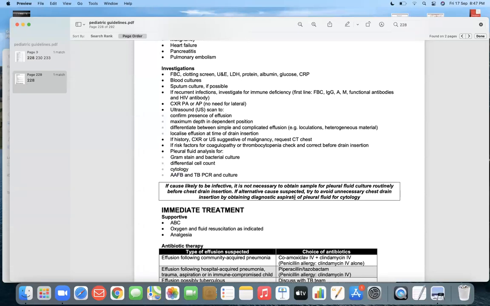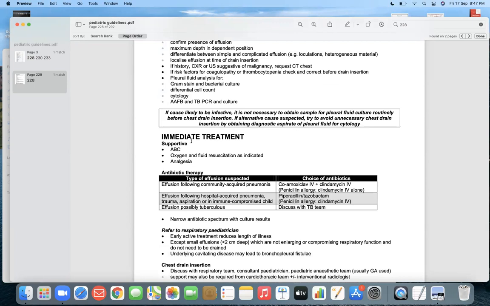If an alternative cause is suspected, try to avoid unnecessary chest drain insertion by obtaining a diagnostic aspirate of pleural fluid for cytology. So if the cause is infective, you don't need a separate sample before the chest drain; when you do the drain, you collect the sample at the same time. If another cause is suspected, you can just get the diagnostic tap.